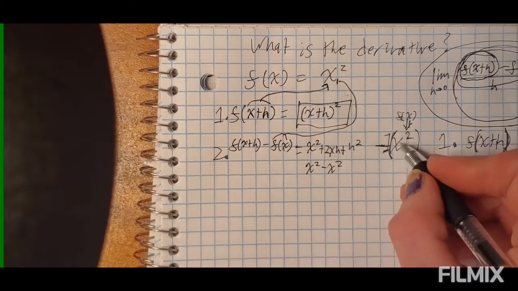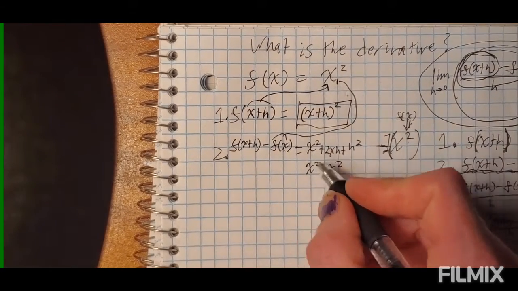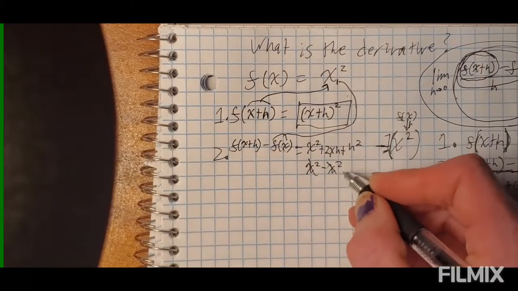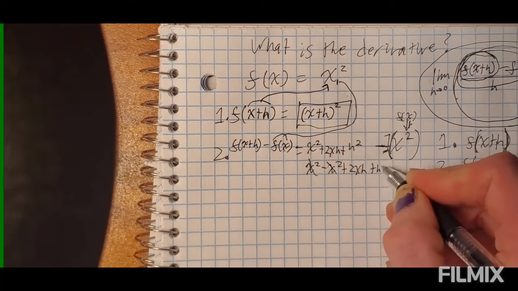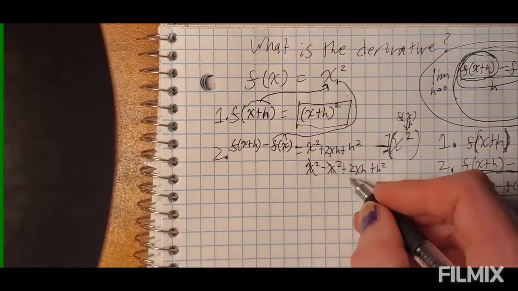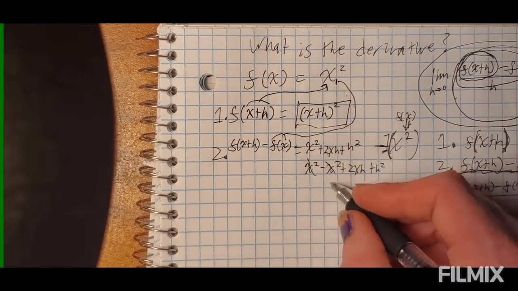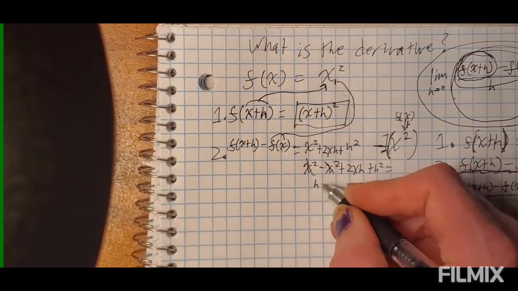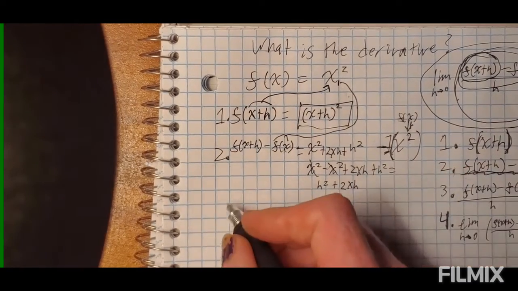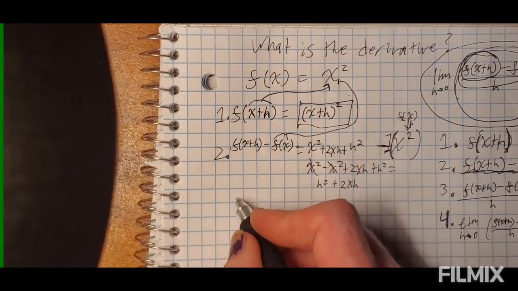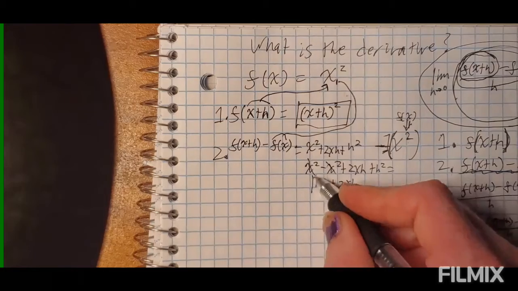You can see there's a minus x squared here and a plus x squared here, and they cancel out, and that's nice. Plus 2xh plus h squared, and you can rearrange that to look more like a polynomial, h squared plus 2xh. That's your answer to step 2.